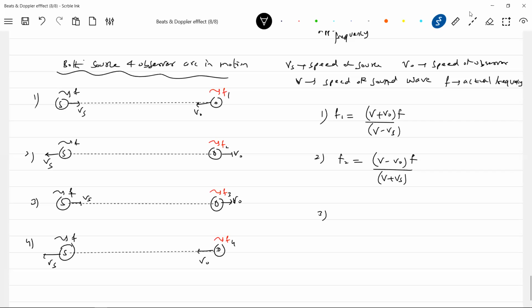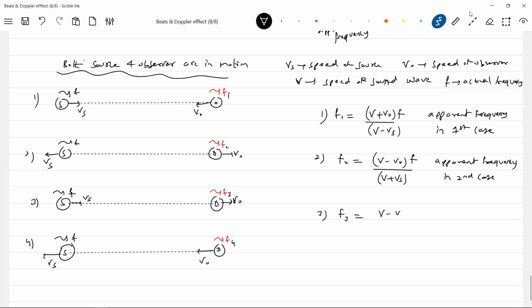What are F1, F2? Apparent frequencies. Apparent frequency in first case. So what is now F3?